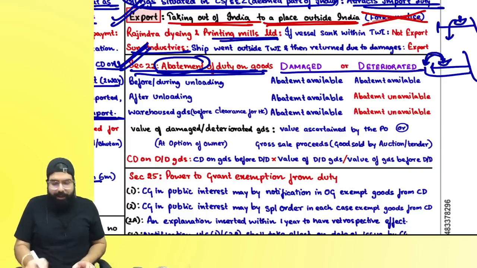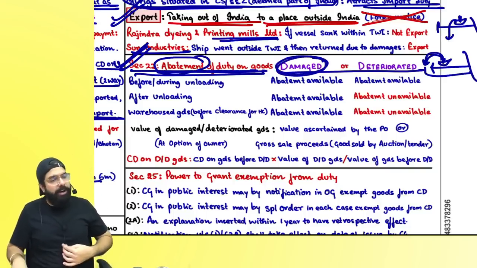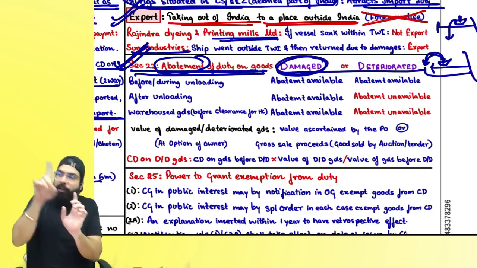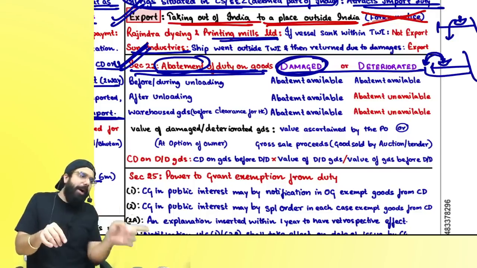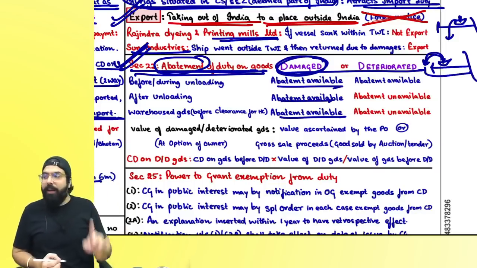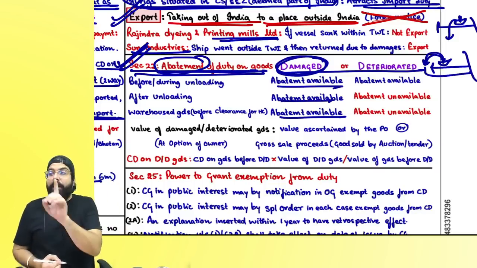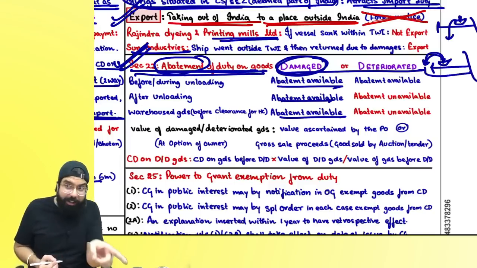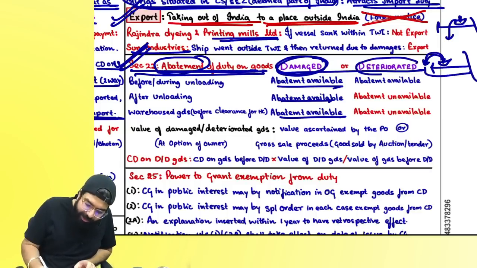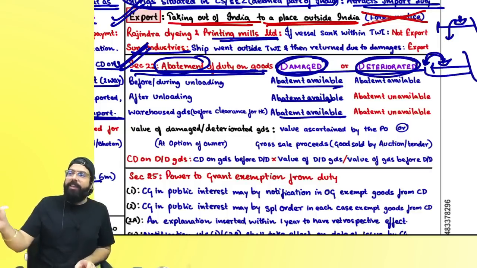Always remember one thing, in the case of damage, they have told us damage can be claimed even if goods have been damaged before, during unloading, at the port, or in the warehouse. Always the abatement shall be available. But, sir, in case of deterioration, at the port or in the warehouse, it is your mistake, and deterioration means fall in quality with the passage of time.